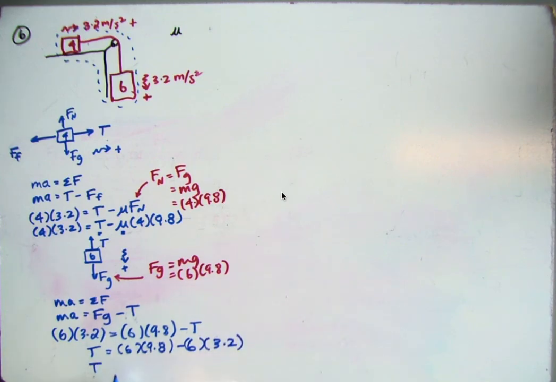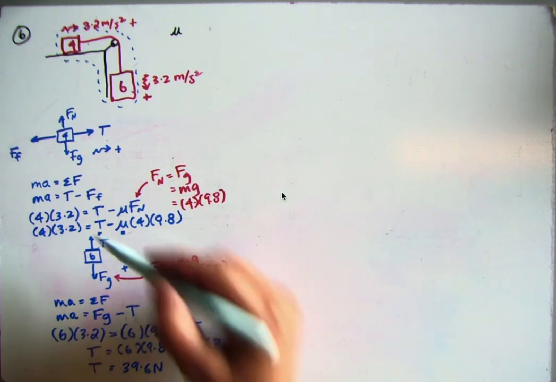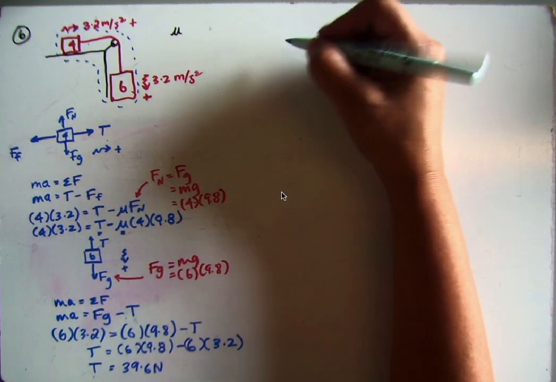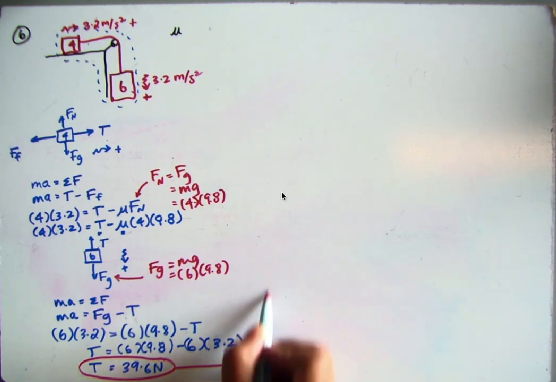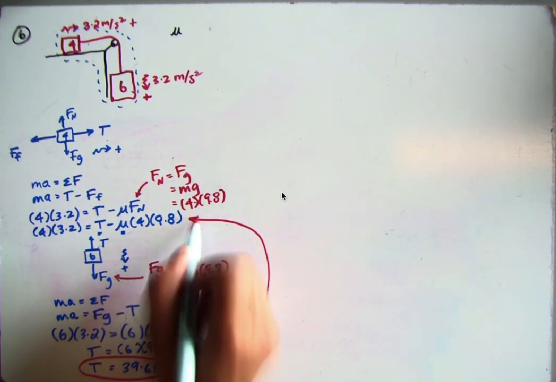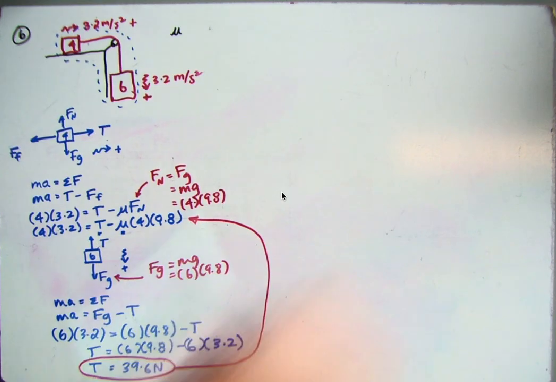And when we do that, we find that T equals 6 times 9.8 minus 6 times 3.2, which is 39.6 newtons. So now that I have that, I can sub it back into that previous equation, and solve for mu, because that's what we're being asked to find.